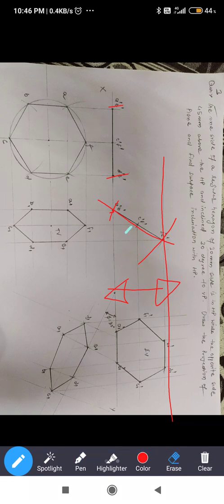The angle is not given, but the height is given, and when you draw all this, you also get this theta angle by making this arc and joining this point.